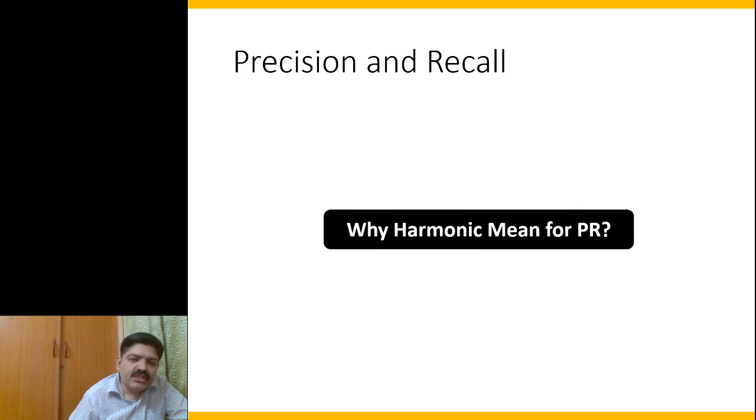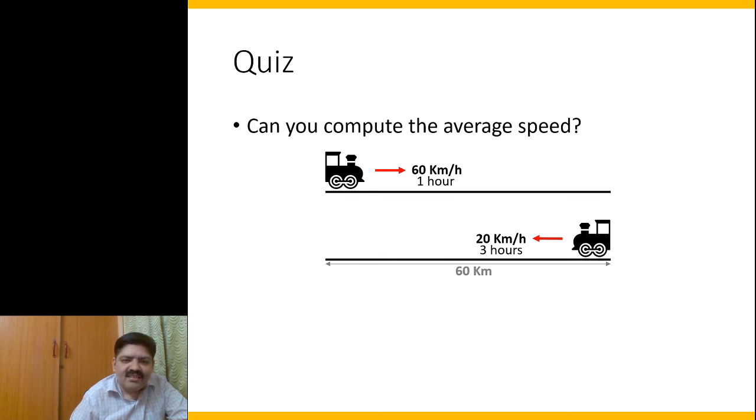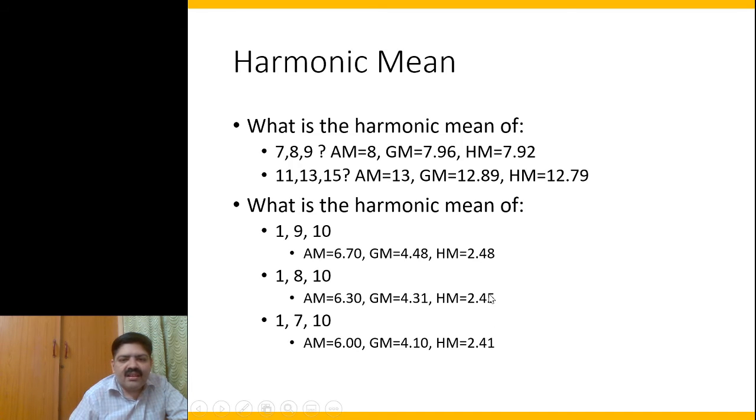But for precision and recall, why do we consider harmonic mean? Please pause the video here and think for a minute. Firstly, we want both precision and recall to go up for the F measure to go up.